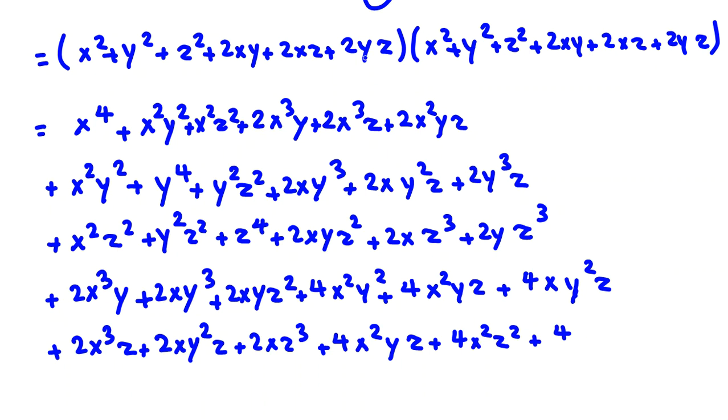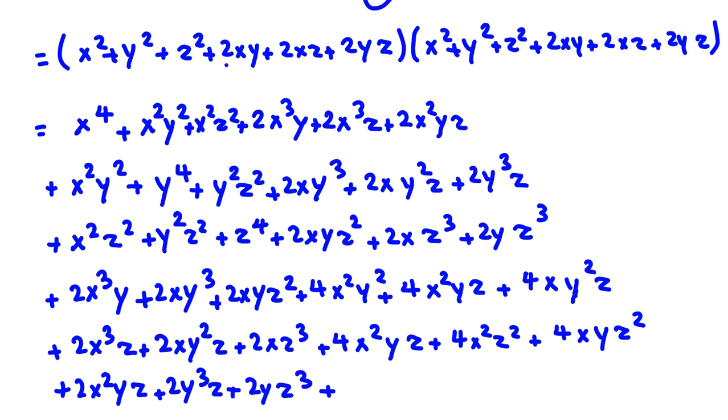We multiply xz here, 2xz, xyz squared. And last term 2yz, we should multiply, it will be 2x squared yz plus 2y cubed z plus 2yz cubed plus 4xy squared z, 2yz here, 4xyz squared plus here 4y squared z squared.